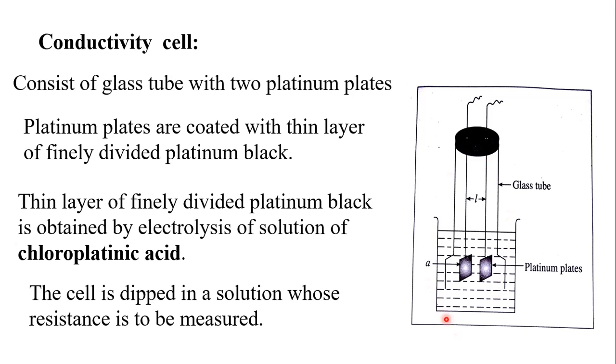So a conductivity cell consists of a glass tube with two platinum plates, and these platinum plates are coated with finely divided platinum black, which is obtained from electrolysis of chloroplatinic acid. The whole cell is known as a conductivity cell, and it is dipped in a solution whose resistance you have to measure.